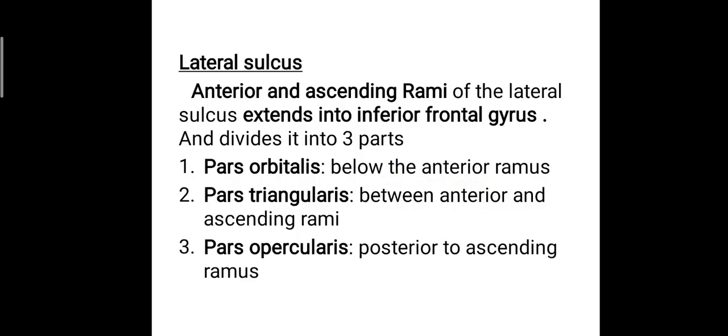Here the anterior and ascending rami of the lateral sulcus extend into the inferior frontal gyrus and divide it into three parts. That is the pars orbitalis, which lies below the anterior ramus, the pars triangularis between the anterior and ascending rami, and the pars opercularis, posterior to the ascending ramus. So let's revise the same.